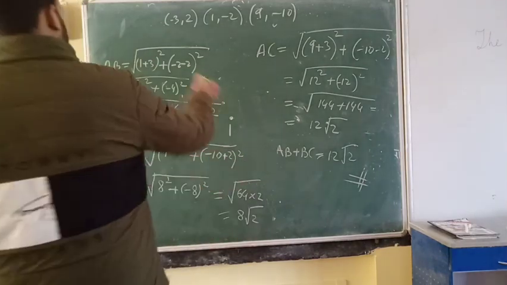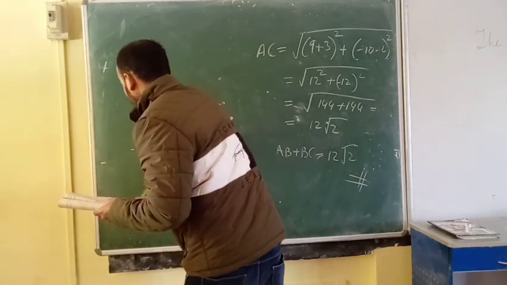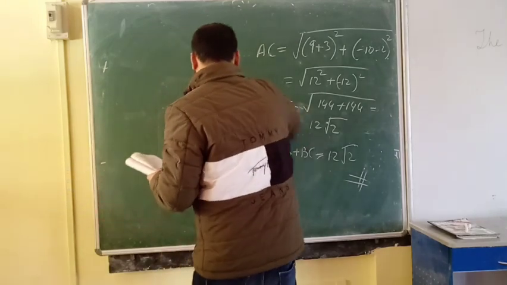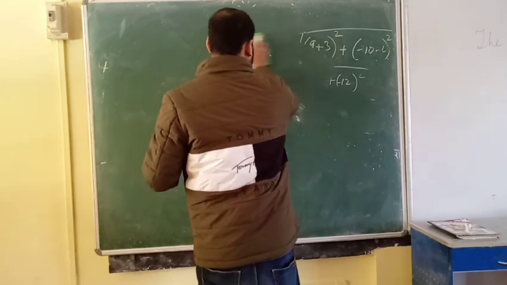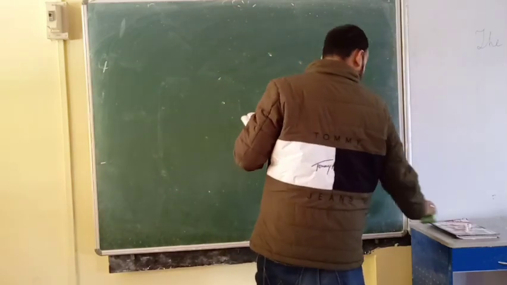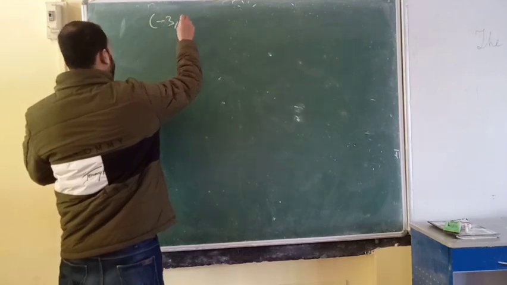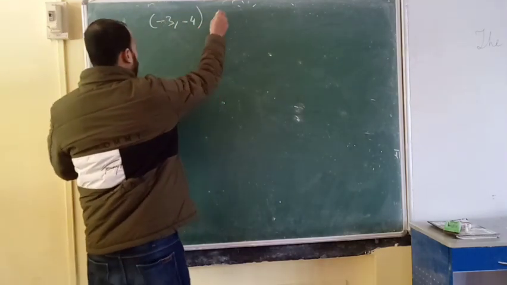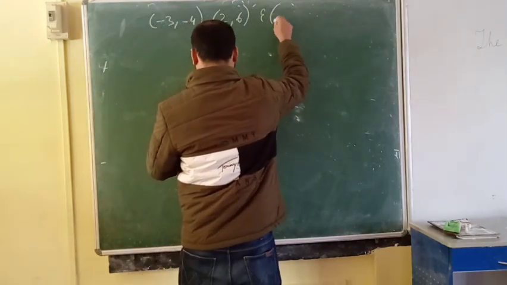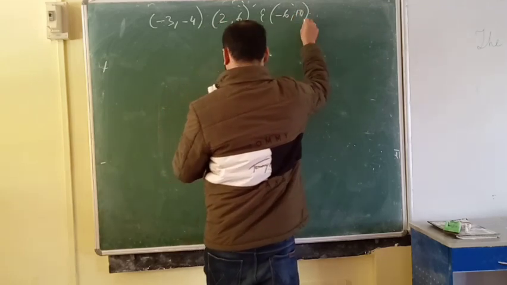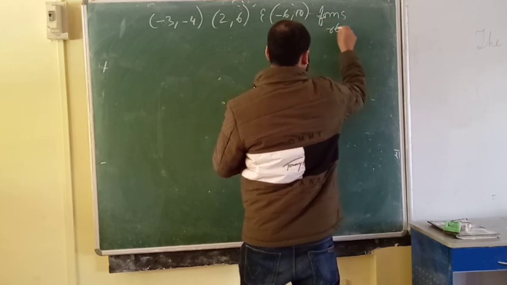So the points minus 3, minus 4; 2, 6; and minus 6, 10 form a right angle triangle.